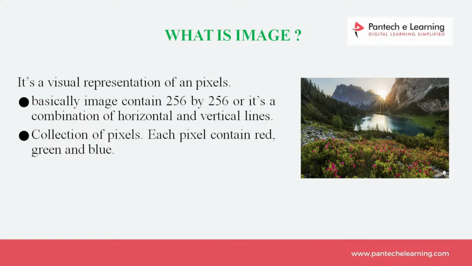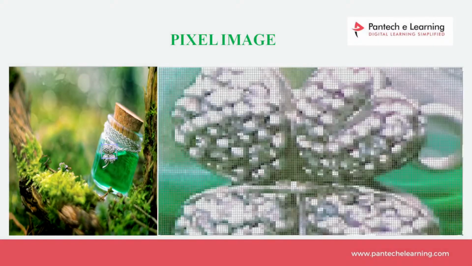We can say the definition of the image is the combination of pixels, or a combination of rows and columns, or a combination of horizontal lines and vertical lines. Before going to the image, you can see this in your televisions, maybe smart TVs with LED or LCD, where you can understand the picture as horizontal lines and vertical lines.